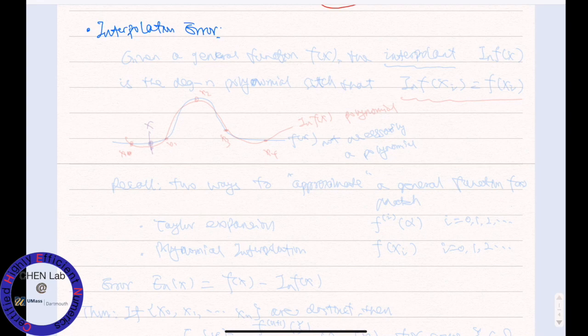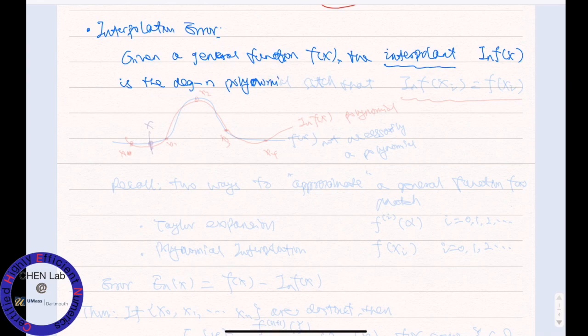Again, here we are given a general function f of x, and the so-called interpolant, which we're going to denote by I sub n of f of x, is the degree n polynomial such that if you evaluate at the xi, you're going to match the function value.